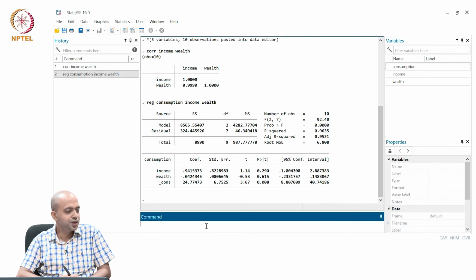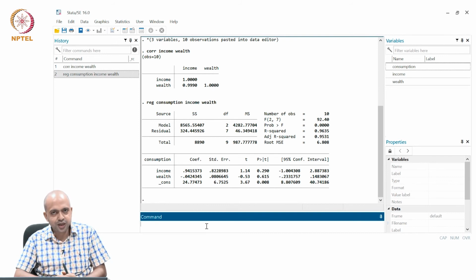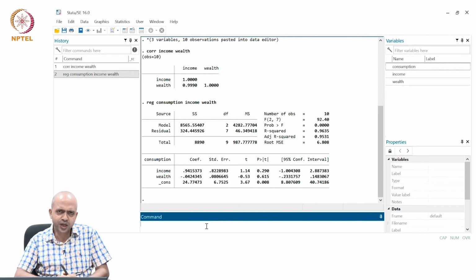What about wealth? Wealth is also insignificant because its p value is 0.615. So, you have estimated a model including income and wealth, but ultimately both the variables are insignificant, right.